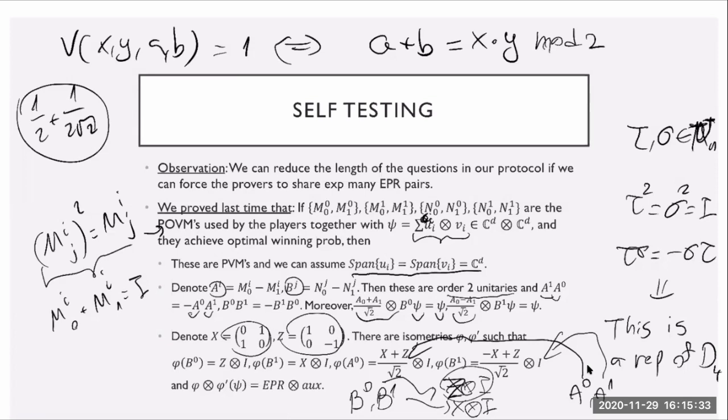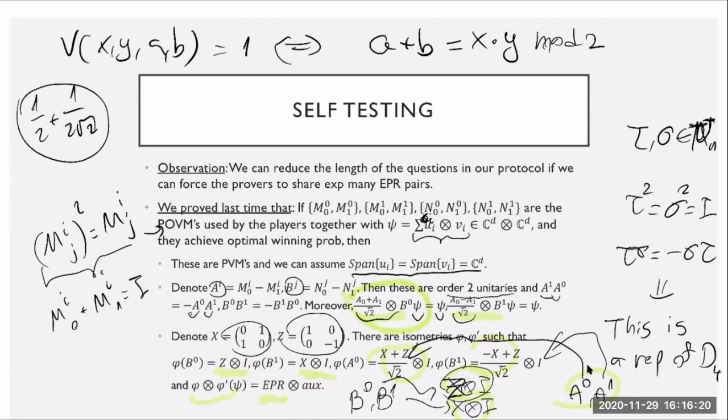But the point is, if you take this condition that psi is an eigenvector of the tensor product of these two matrices, and also the tensor product of these two matrices, and you just put inside these values, so you put Z tensor I instead of B0, X tensor I instead of B1, and so on, it follows that if you act with the isometry, if you change bases such that B0 and B1 are these two matrices and A0 and A1 are these two matrices, you get that your psi was actually the EPR pair.